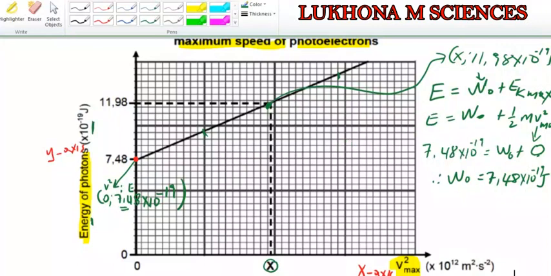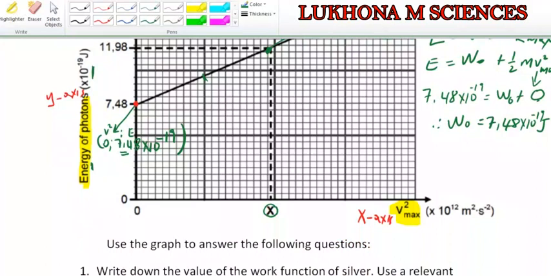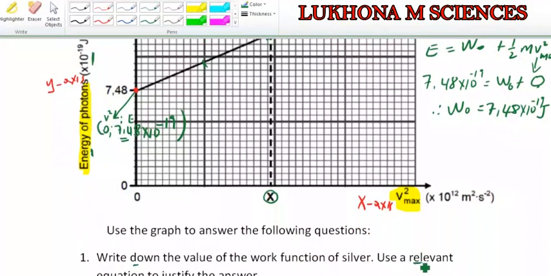They said use the relevant equation to justify your answer. We have used the equation already.